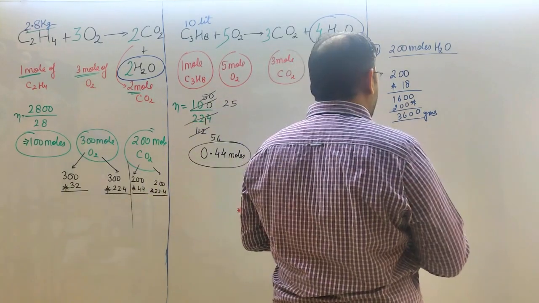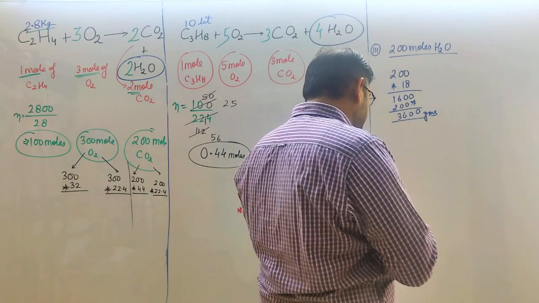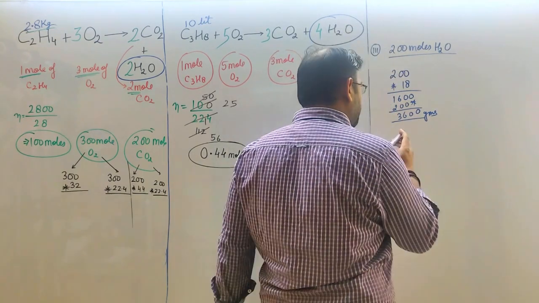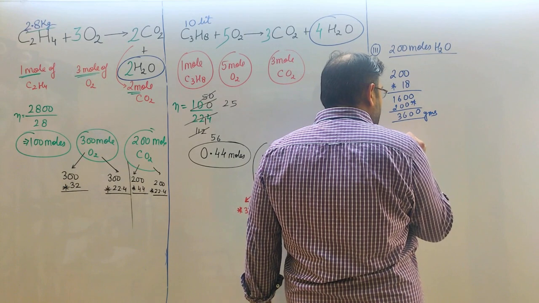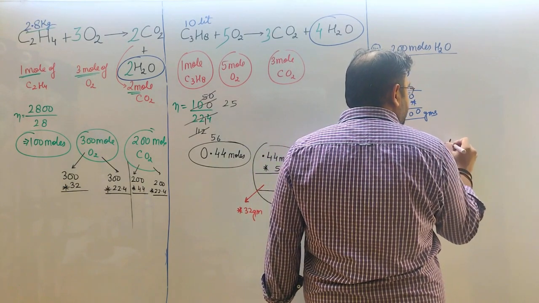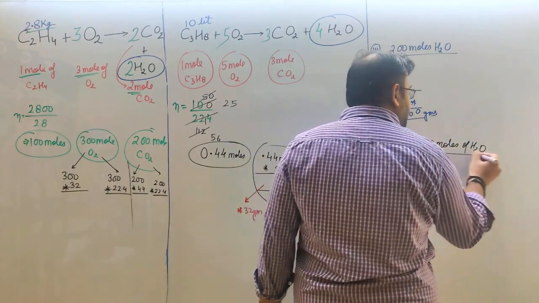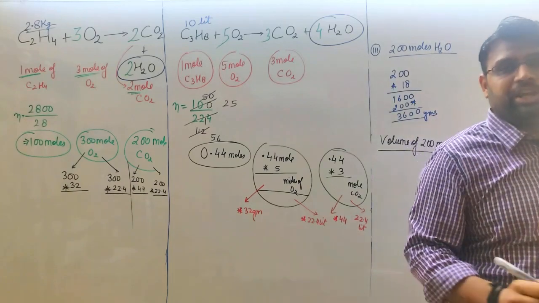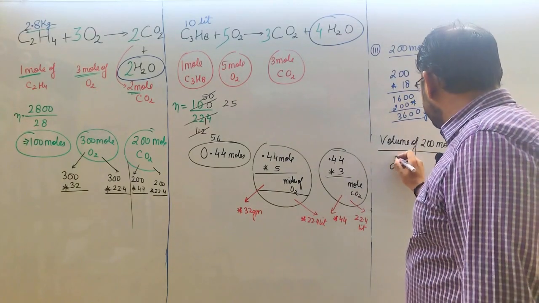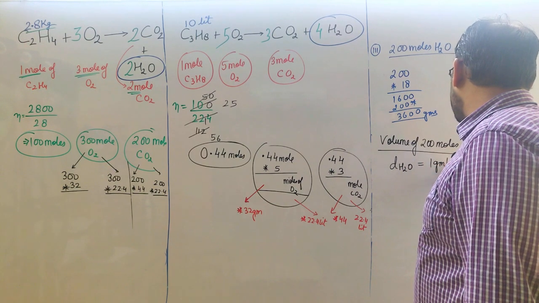So we have the mass of 200 moles of H2O as 3600 grams. For the volume of 200 moles of H2O, we should know the density, beta. The density of H2O, as previously also, is equal to 1 gram per ml.